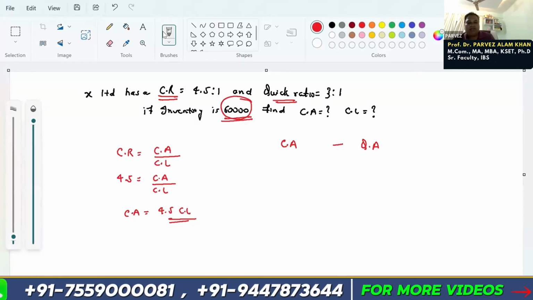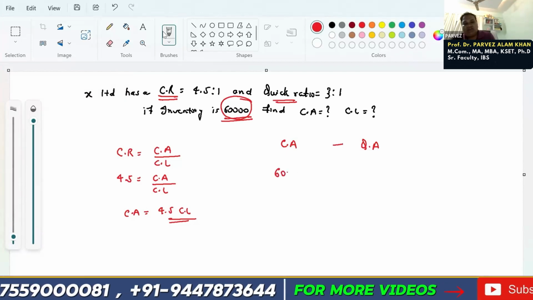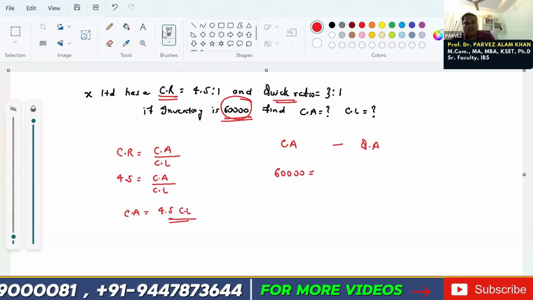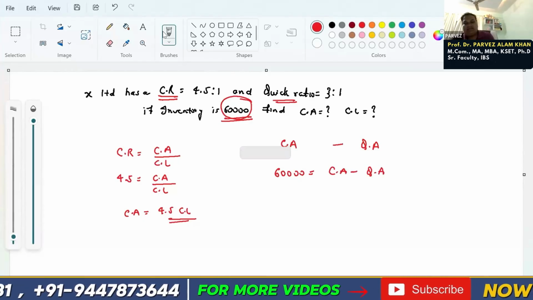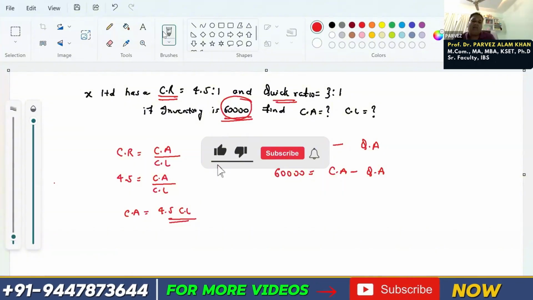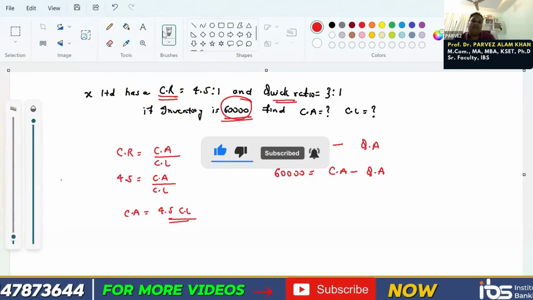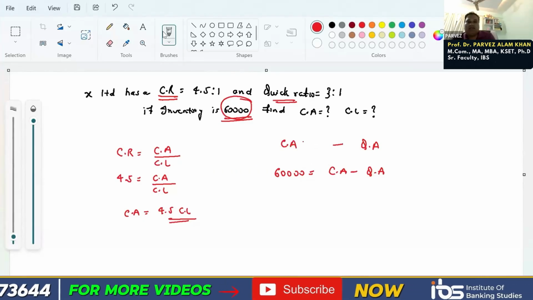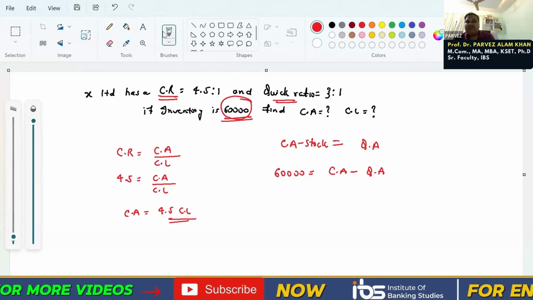Prepaid. Correct. So can I say that your stock of 60,000 is equal to current asset minus quick asset? Can I say this? Current asset minus stock is equal to quick asset.